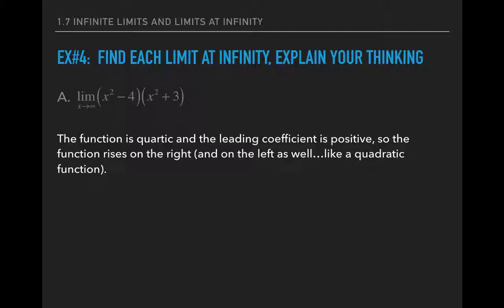With that positive leading coefficient, they're going to be rising at either end, but we're concerned with the right. So like a quadratic function, this is going to be rising to the right. As you go way out to infinity, the end behavior or the limit is going to be infinity.